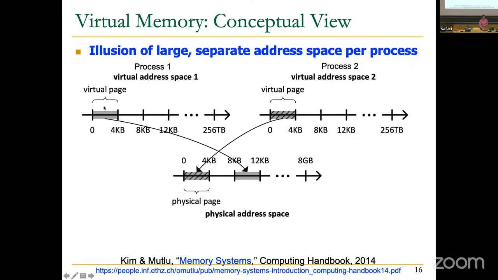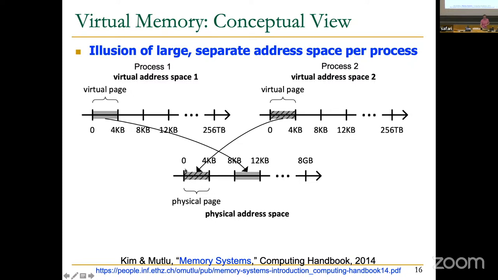So there needs to be a table that records this mapping clearly, right? For process 1, where does virtual page 0 in this particular case get mapped to? Does it get mapped to physical page 0? No. It gets mapped to some other physical page, in this case 0, 1, 2, as you can see. On the other hand, virtual page 0 of this process gets mapped to physical page 0.